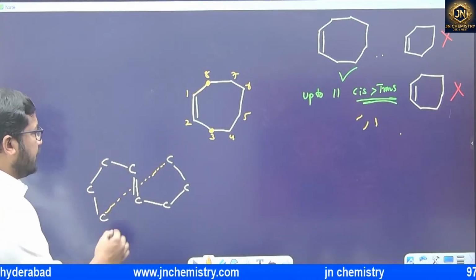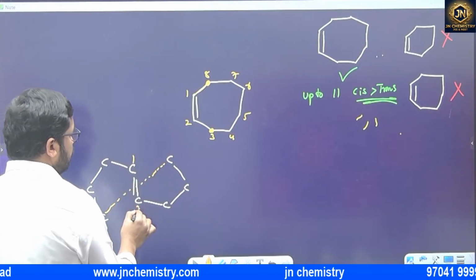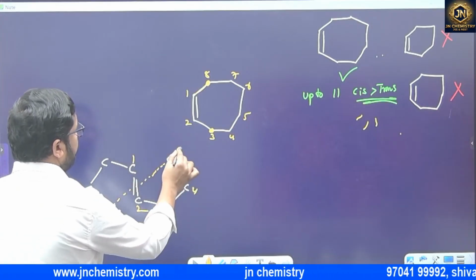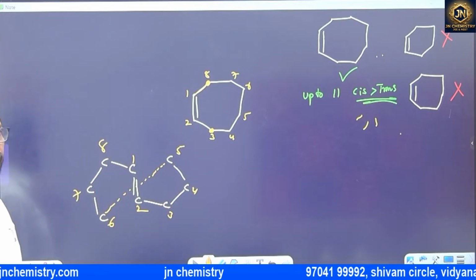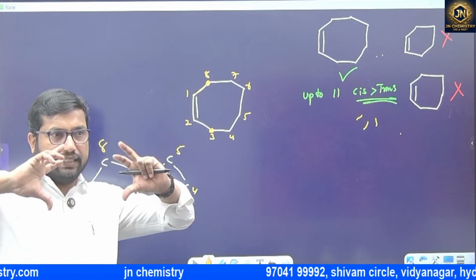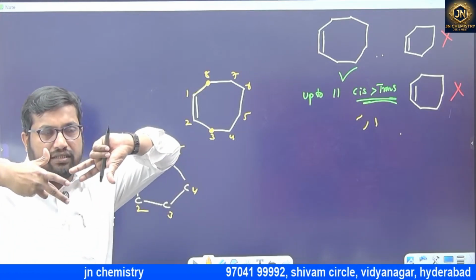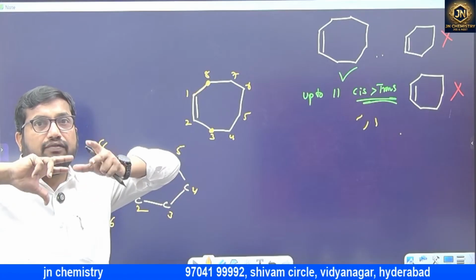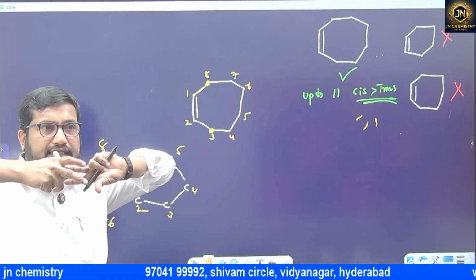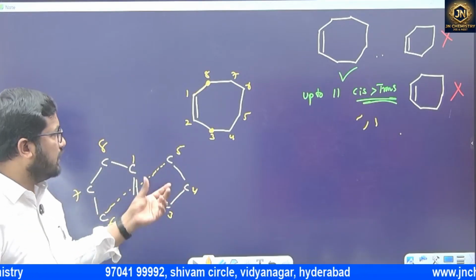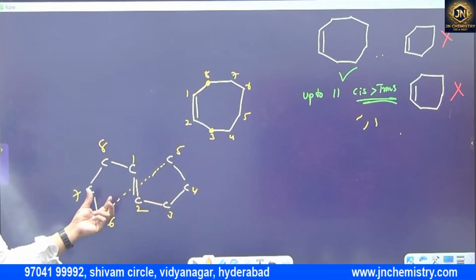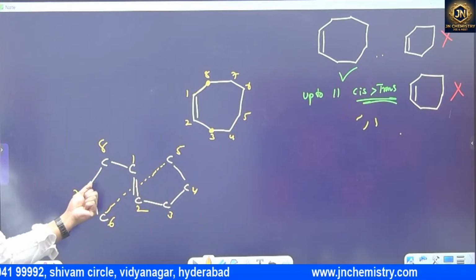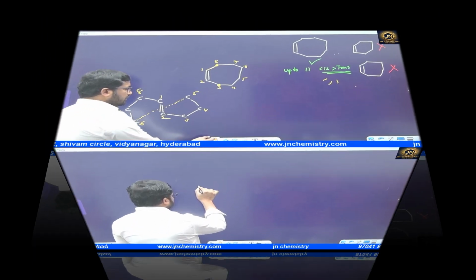When we are twisting, imagine, for example, 1, 2, 3, 4, 5. This is 6. This is 7. This is 8. So what exactly happens? When we are twisting, automatically the stability is decreasing, right? That's the reason cis is more stable up to 11. This is more stable than the trans. Write it down.